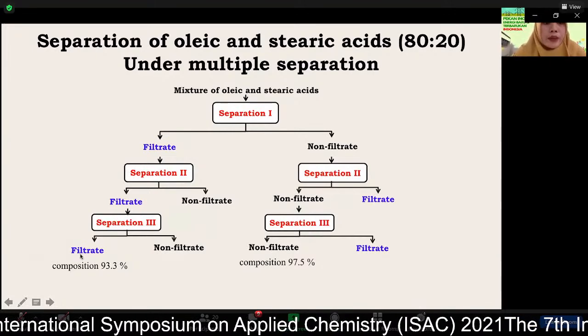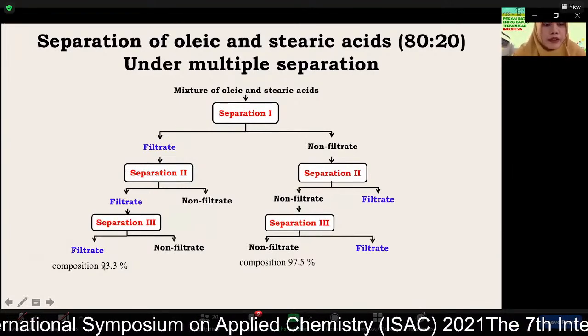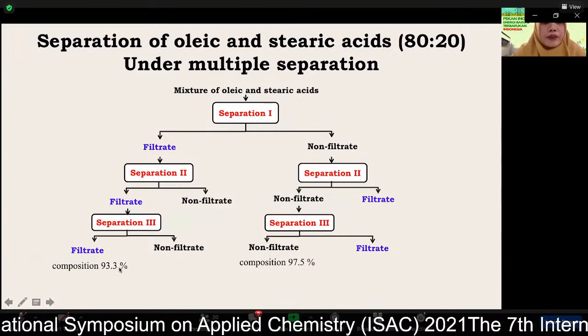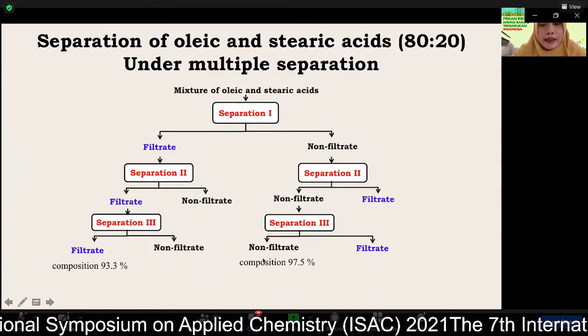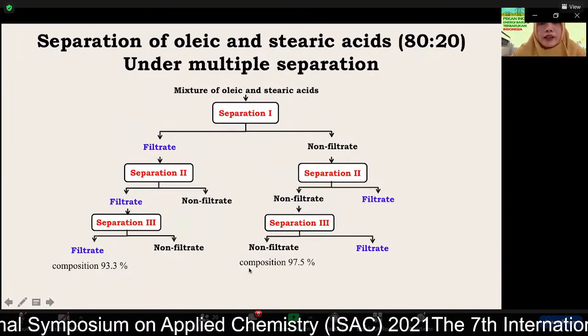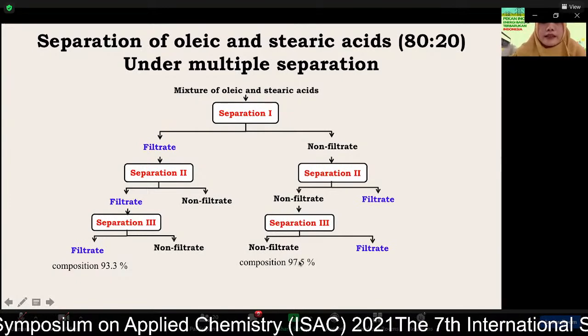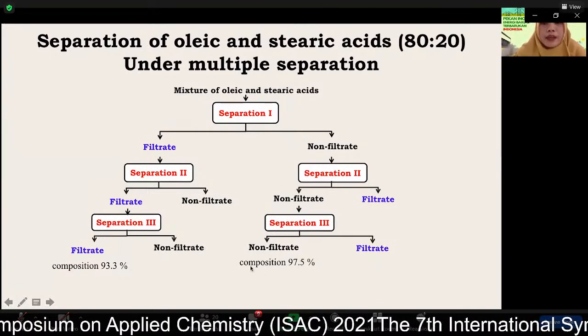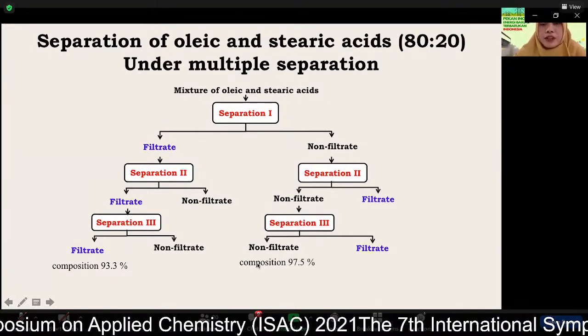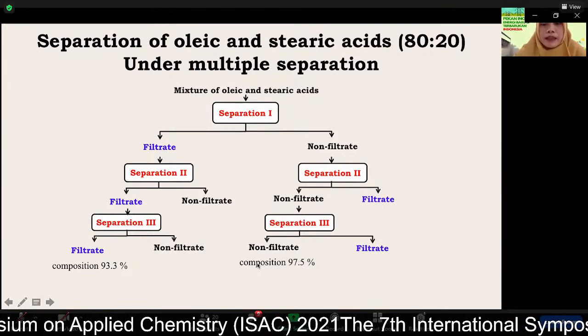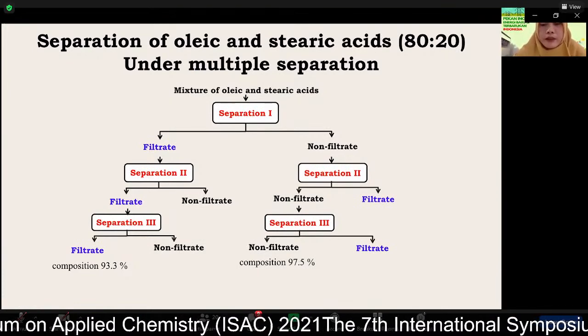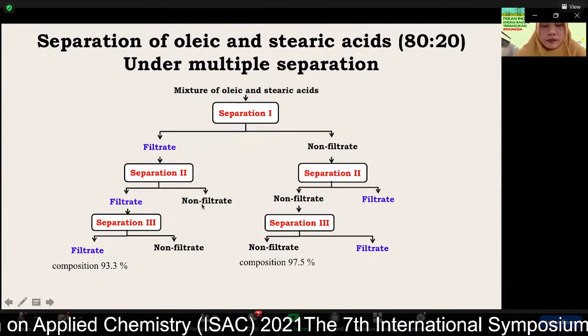And at the end, we got a filtrate composition of 93.3% oleic acid, and in the non-filtrate, we could get a stearic acid composition of 97.5%. Here we can see that, especially in the non-filtrate, the stearic acid content was highly increased.